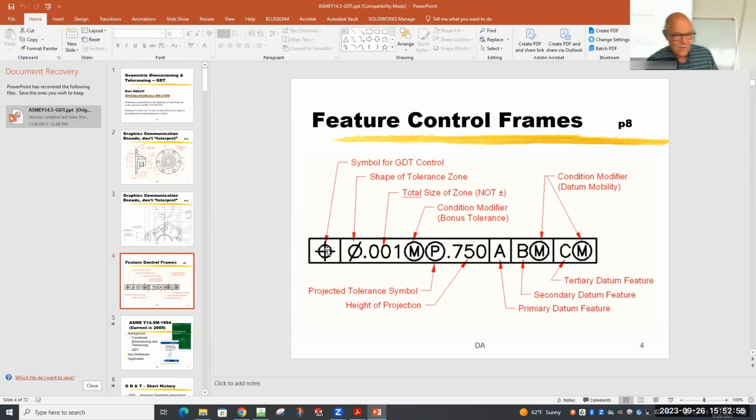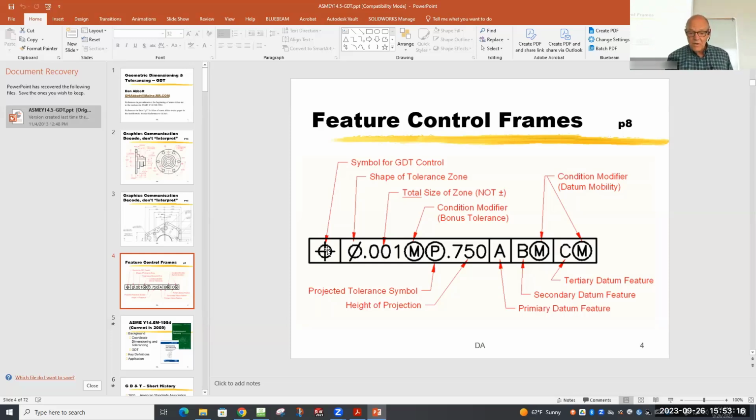So if we go to the long one, now here's my long one. If I say this is an extremely large version of a tolerance zone, and I tell you that this has to be inside that straw, it means not only does it have to be inside the straw, but it also has to not go outside at any particular angle.